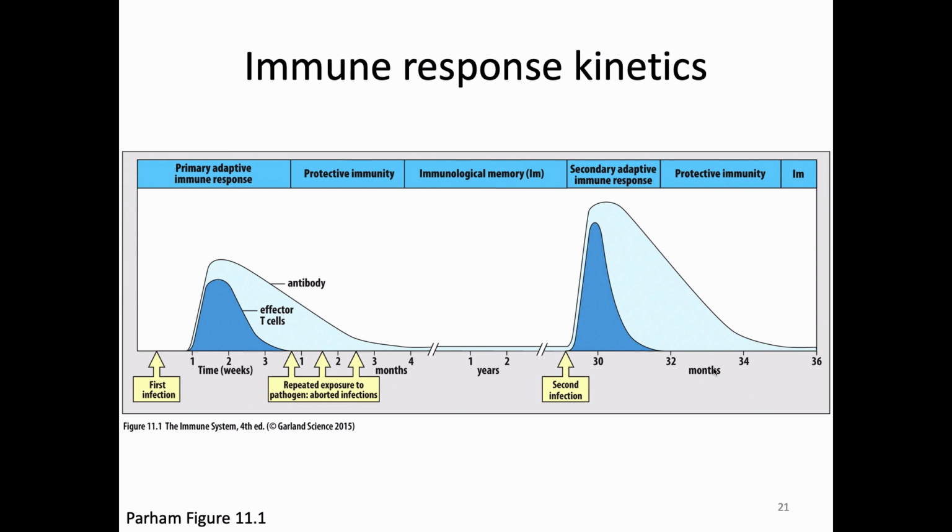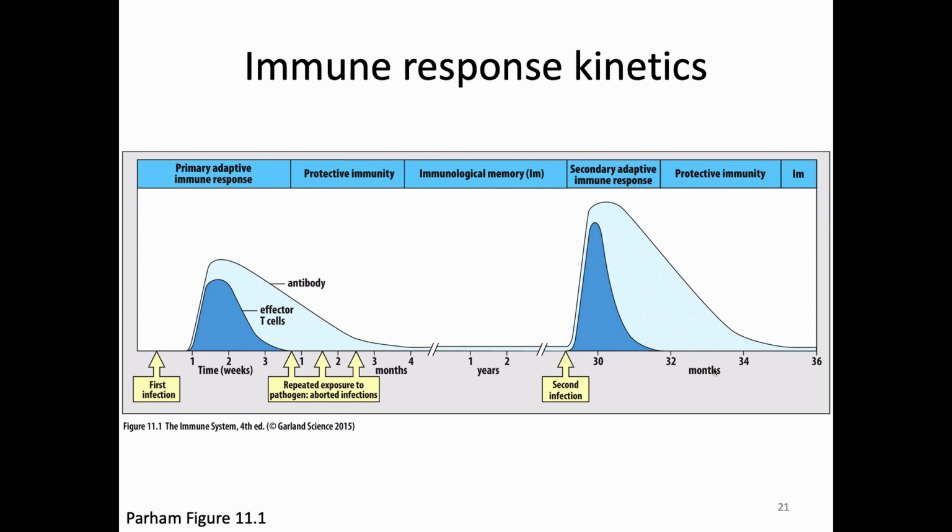And this particular situation all comes down to things that are happening because of what we see here in these immune response kinetics. So I want to talk a little bit about a response to a particular virus.